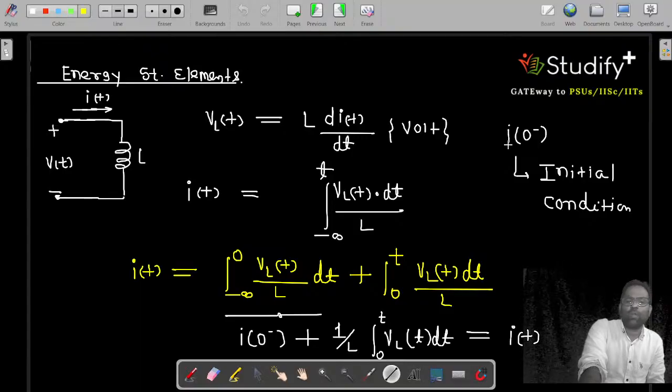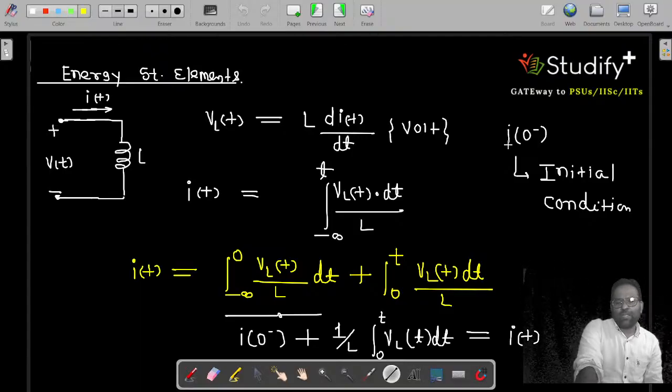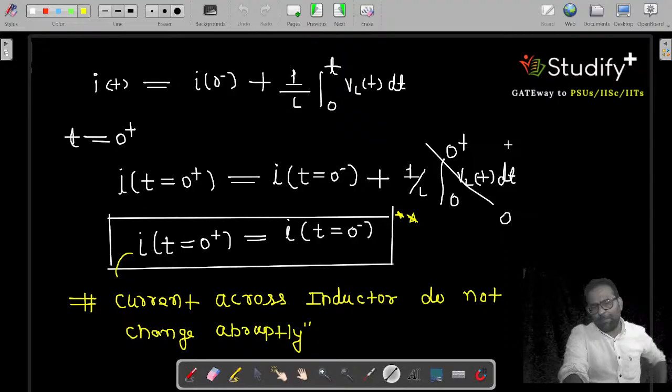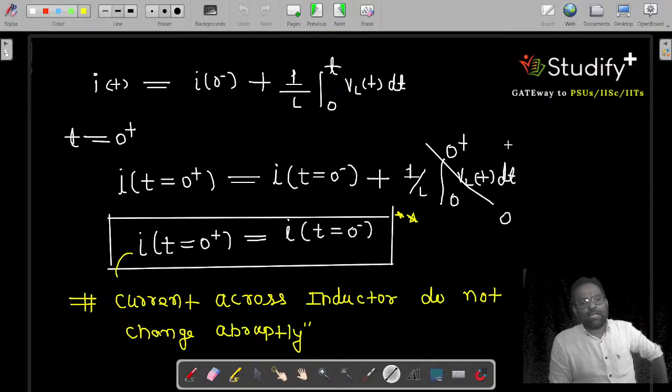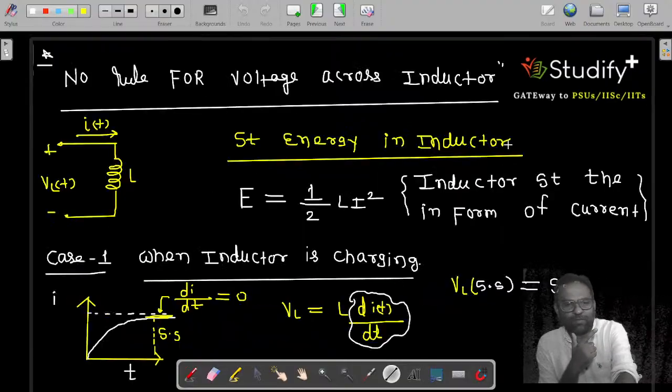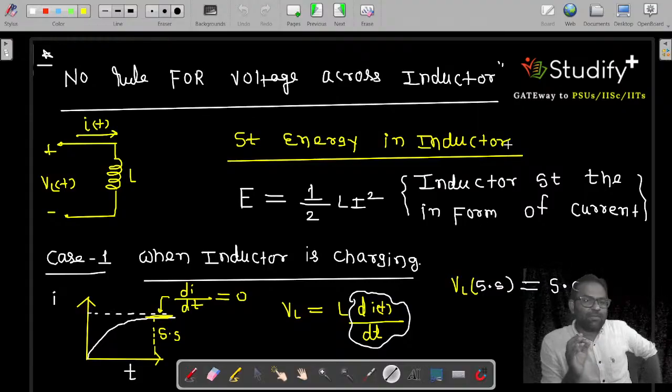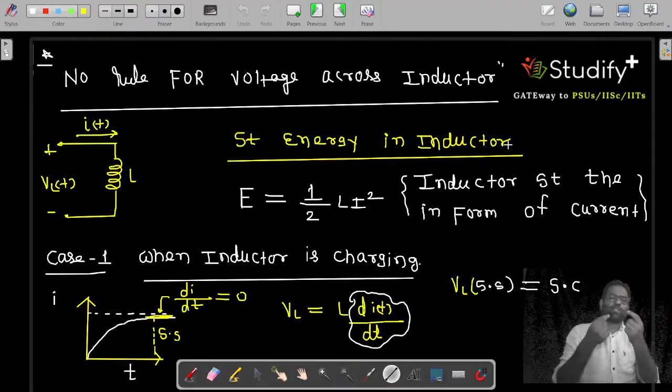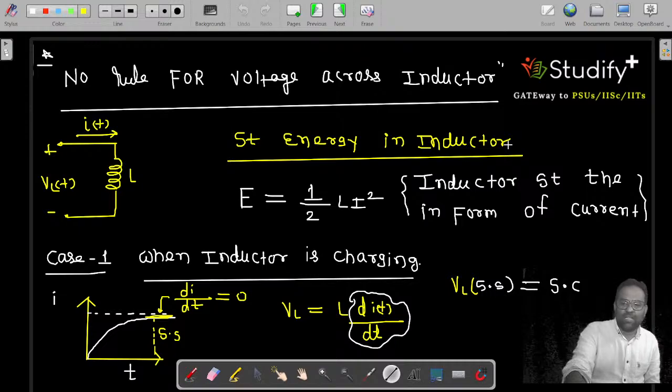So we have two energy storing elements. First is the inductor, and about the inductor we know that it stores the energy in the form of current, the first thing. Second thing is the current across an inductor does not change abruptly. What is the third thing? The inductor behaves as a short circuit, meaning the voltage across the inductor will be zero in steady state. That's why it behaves as a short circuit.